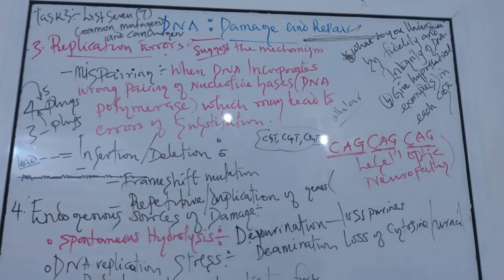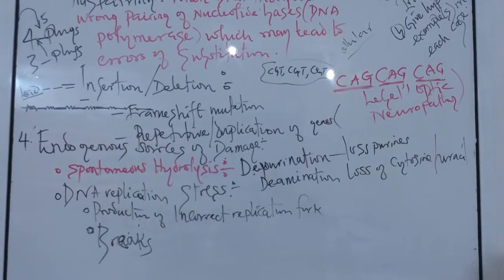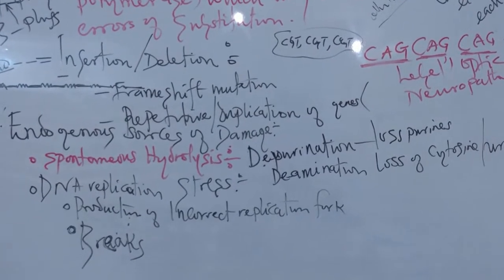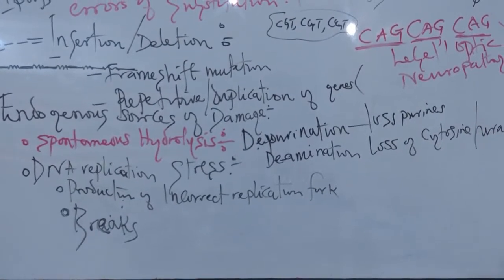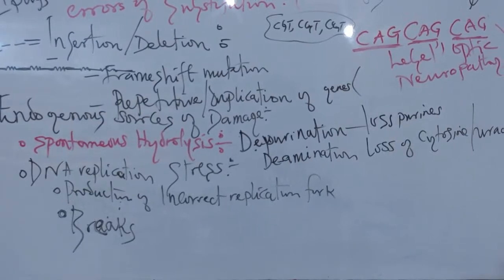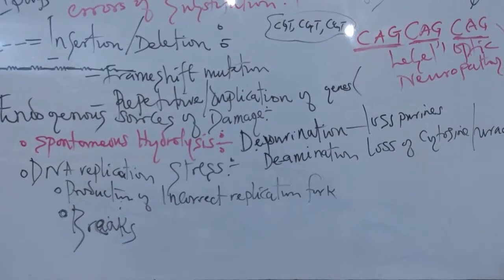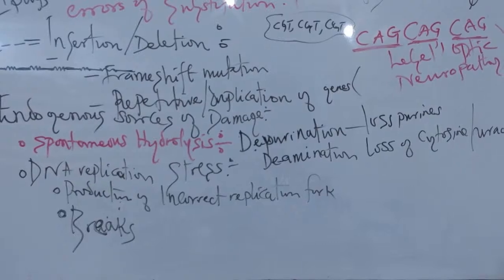So don't forget the endogenous sources of damage we have discussed so far. DNA normally encounters molecules of water, and when it does, it leads to depurination, that is a loss of purines, and also deamination, that is a removal or loss of either cytosine or uracil.